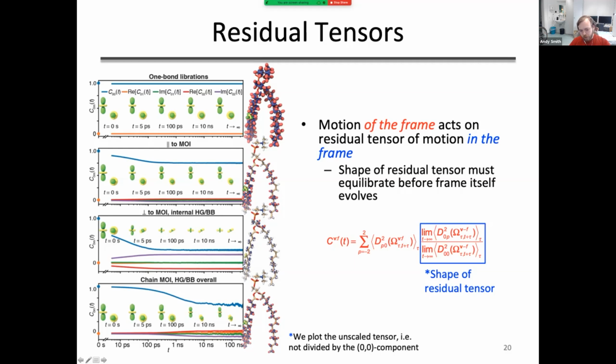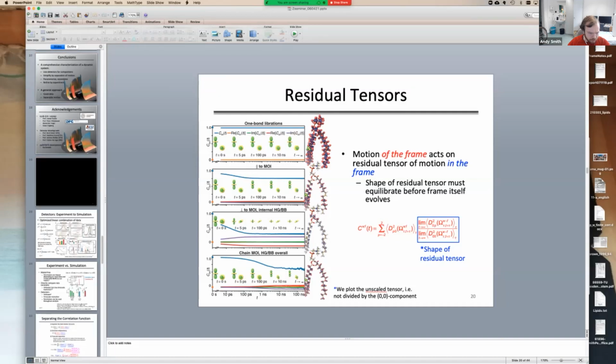Because then this overall motion has to get applied to the residual tensor of the internal motion. And if the two things happen on the same time scale, we don't have a residual tensor to apply it to. So that's where the time scale separation really comes in. And it's not perfect. I will show you the validation, and you'll see it's not perfect.